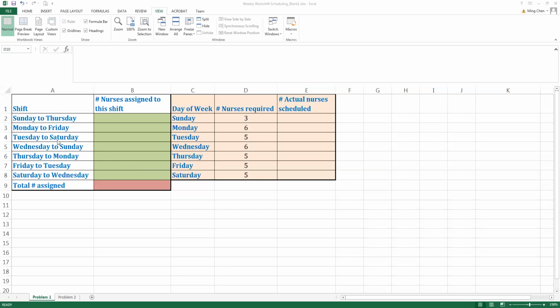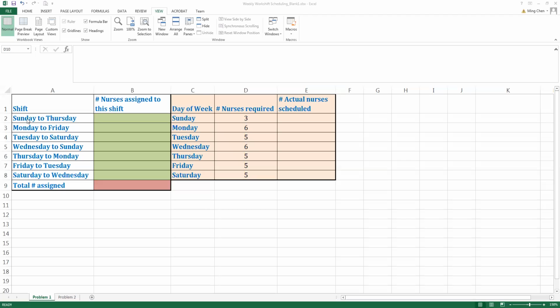So based on this information, in table 1, we'll list 7 possible shifts. Because everybody has to work 5 days a week and then take 2 days off, these are all the possible shifts. For example, the first possible shift is having somebody work from Sunday to Thursday. That's 5 days. And then take Friday, Saturday off.